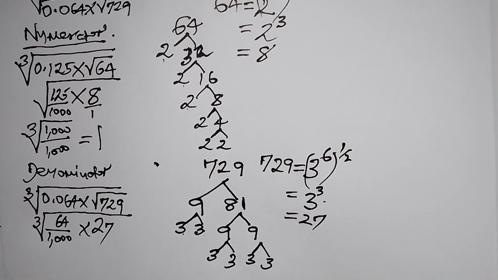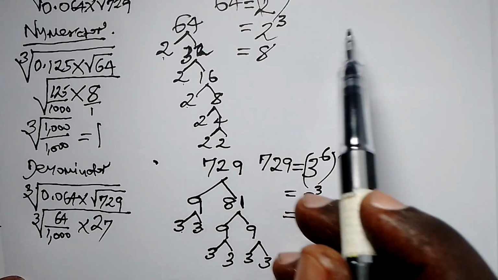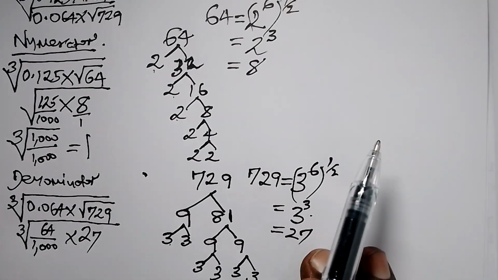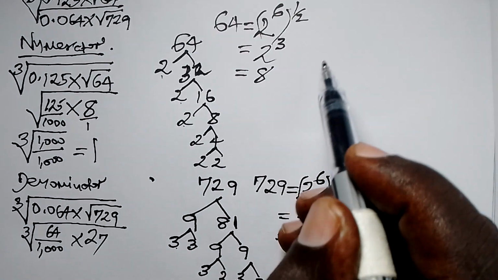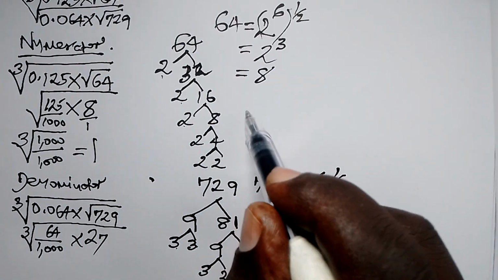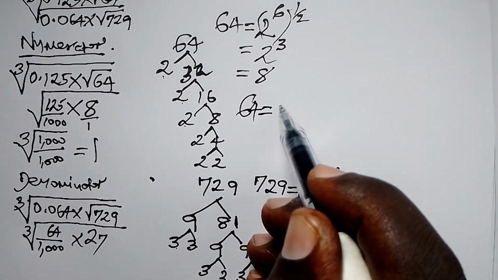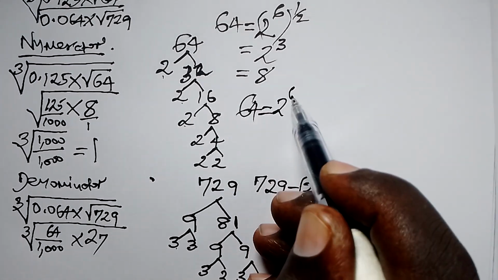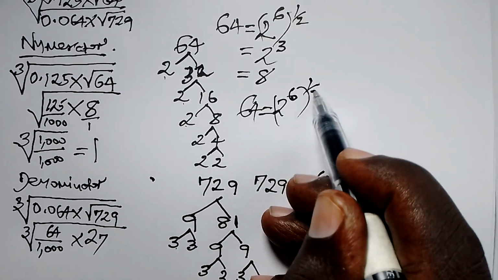We can still use the factor method to get the cube root of 64. Since we know that 64 is equal to 2 raised to power 6, to get the cube root of this, we multiply by a third.